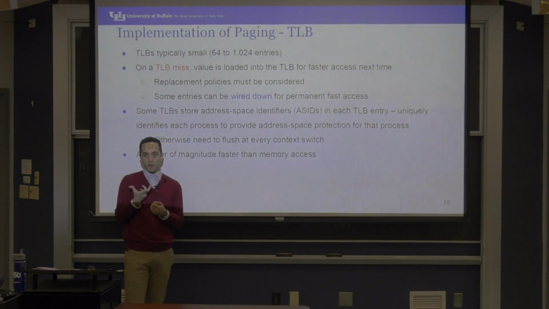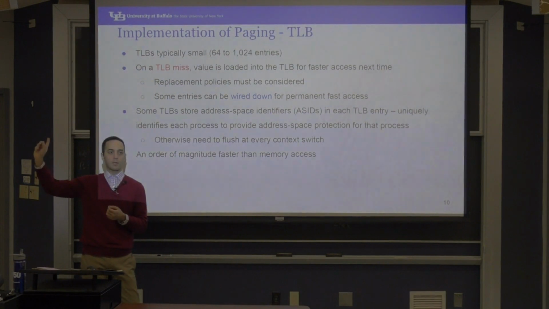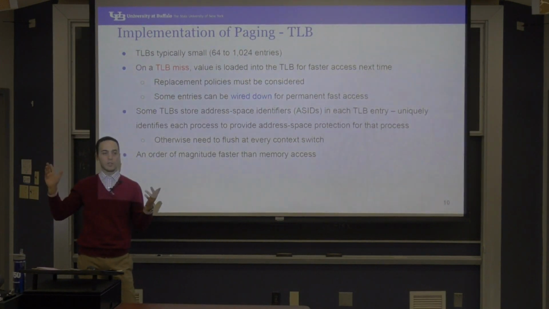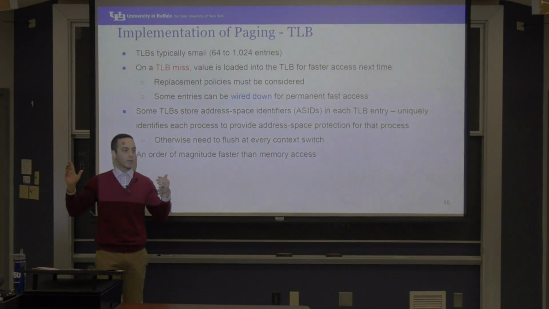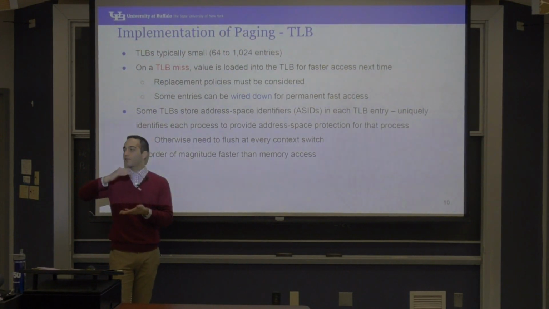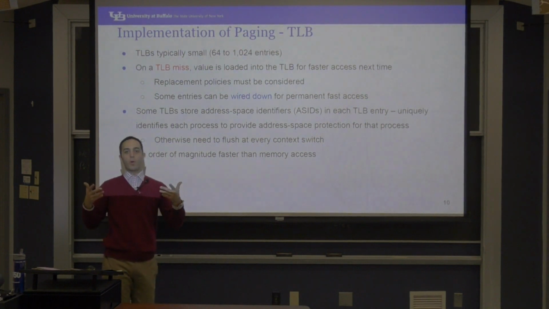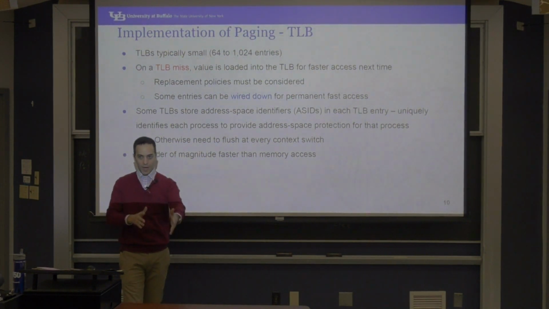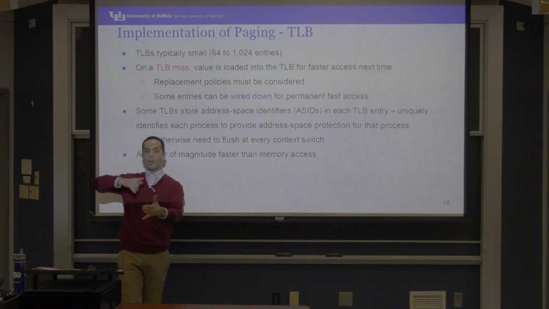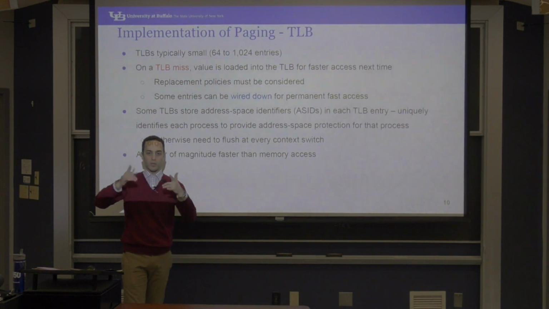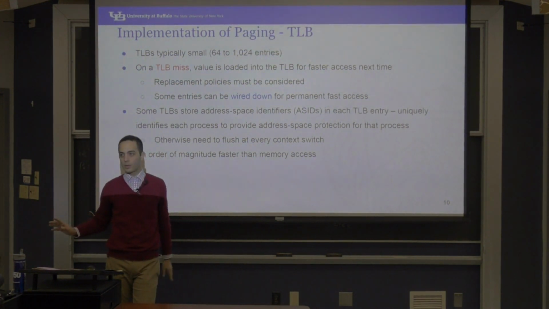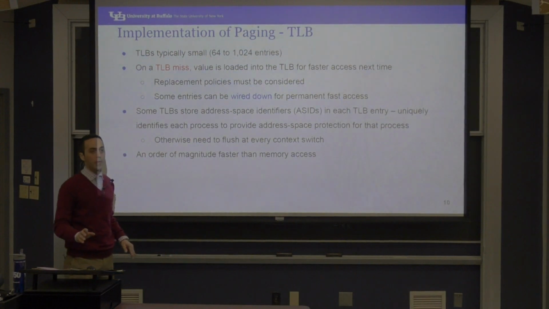I already have what the frame is, so I only access the physical memory once. That sped it up twice. So if I have 64 entries in the TLB, the most recent 64 pages that I have accessed for this user, and I know the mapping, then any address that comes within those pages, I don't have to look at the page table anymore, right?